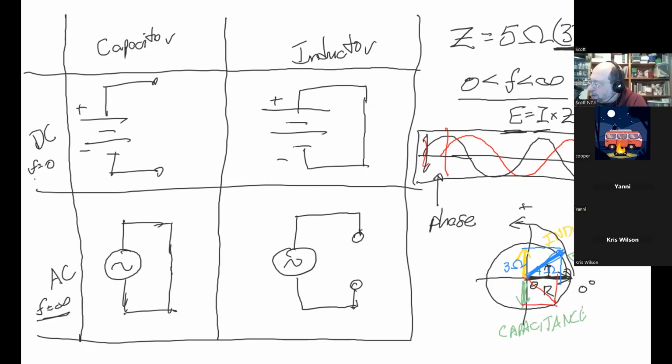It would still be measured at 5 ohms, but the angle now would be negative 37 degrees. And instead, we would find another graph that looked like this, which would be shifted the other way. It would be delayed by 37 degrees.